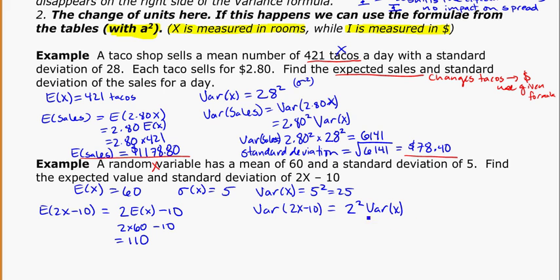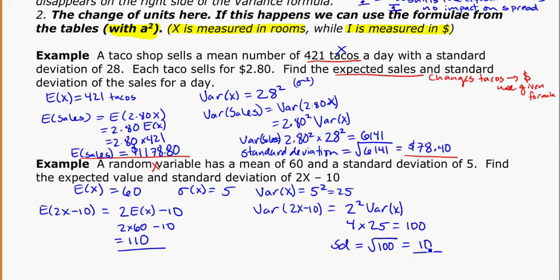And we don't have that minus 10 there. The minus 10 gets dropped off. So that's 4 times 25, which is equal to 100. That's my variance. To get back to my standard deviation, take the square root of the variance, and you get 10. So the expected value is 110, the standard deviation is 10.